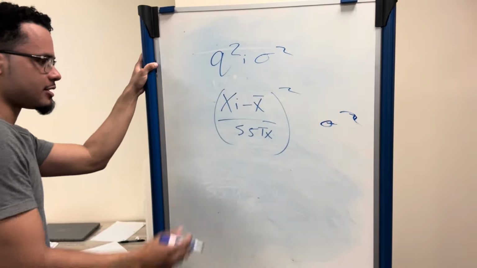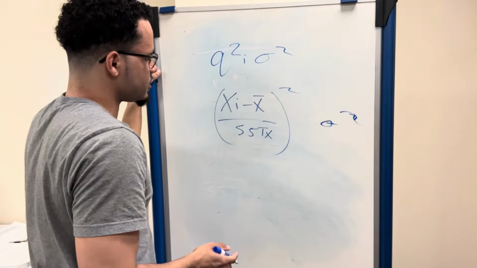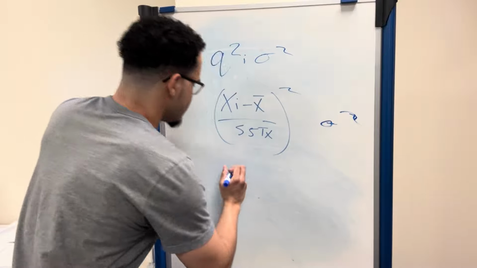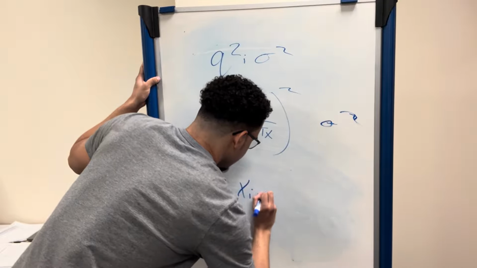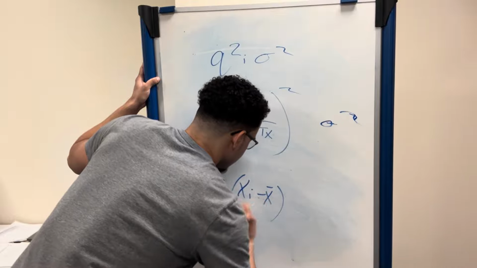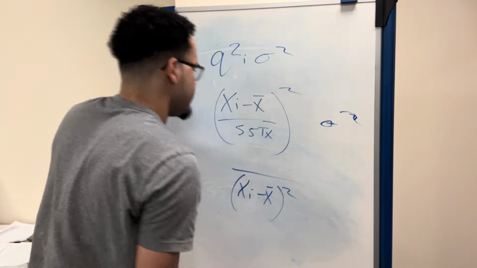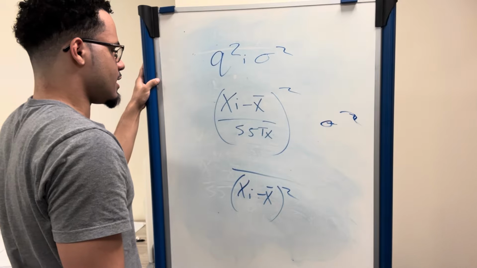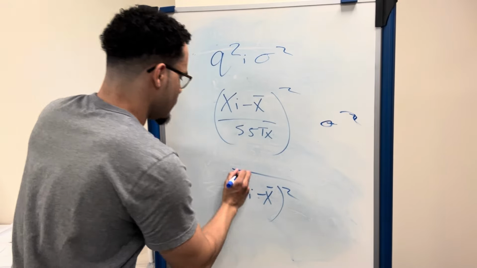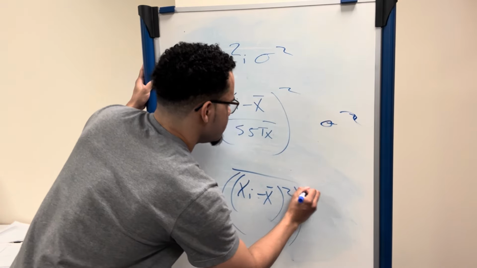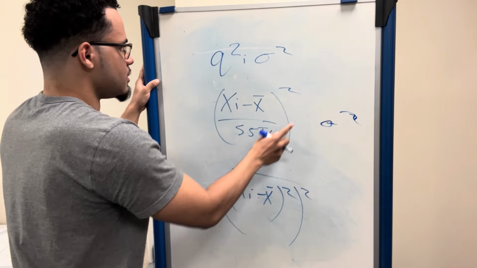Essentially, SST of x is just the sum of (xi minus x bar) squared, and we're squaring that again, given the square over here.